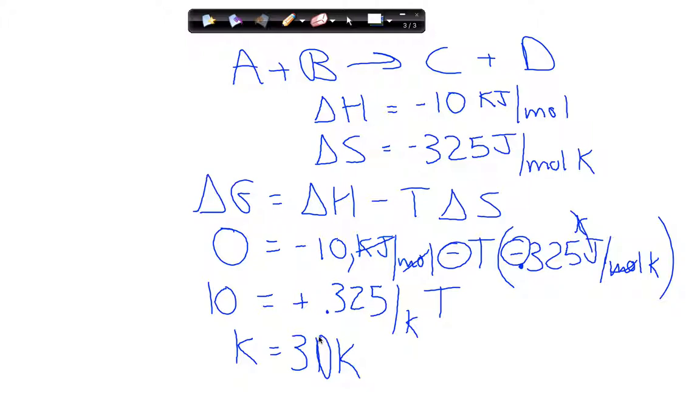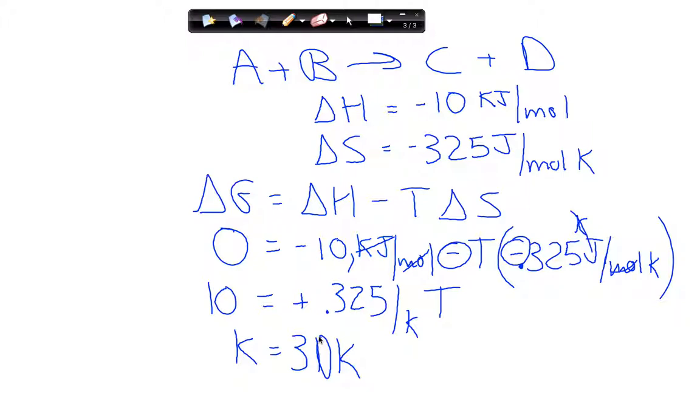On what range is it spontaneous? Above or below that? Well, let's think through it. Negative delta H, does that favor spontaneity? It does. Negative delta S does not. So guys, that means that our entropy factor is fighting against spontaneity. It's bad. So if our entropy factor is fighting against spontaneity, what do we want to do?